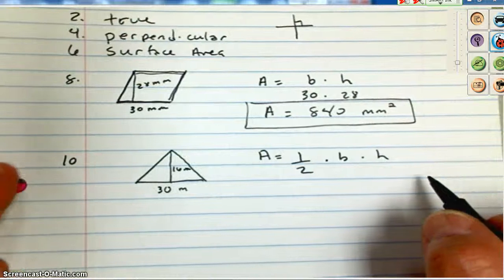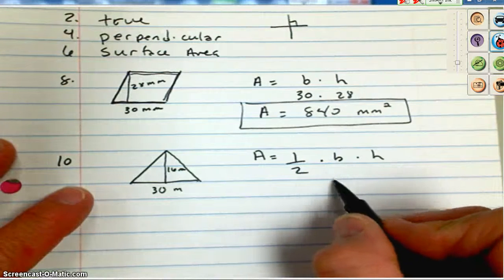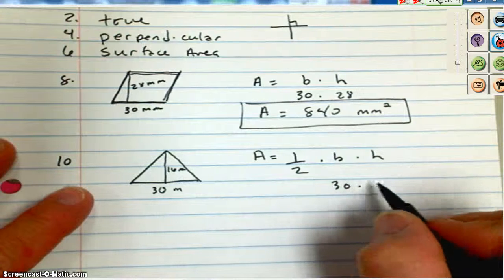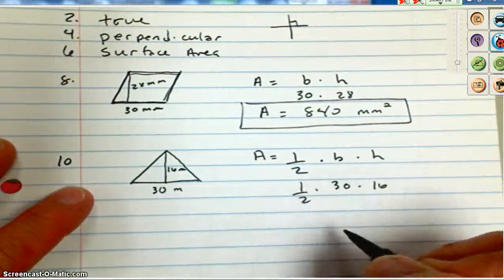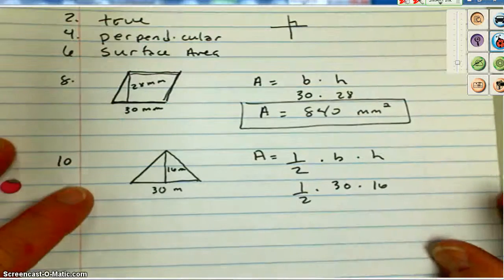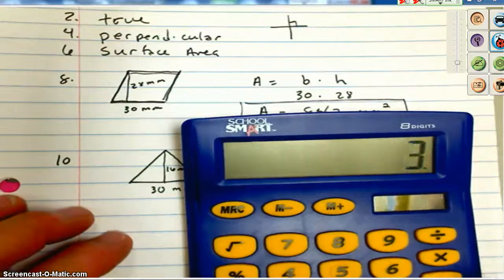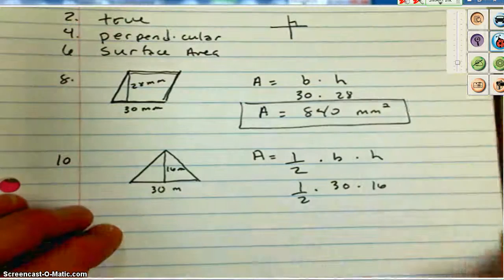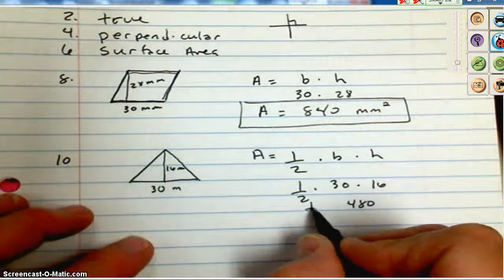So we plug in our numbers: base 30 times height 16, and then we want half of that. On the calculator, 30 times 16 is 480, and we want half of that.